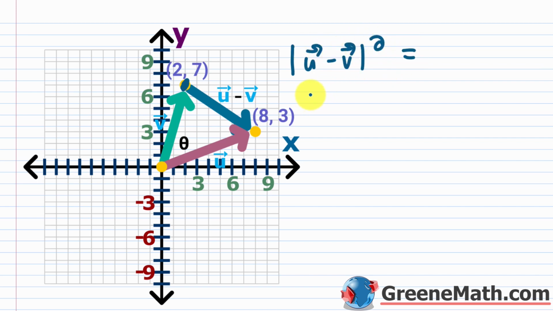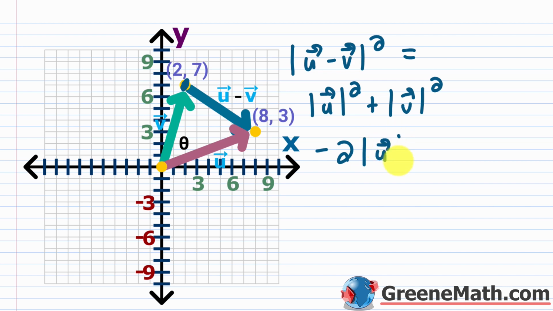This would be equal to the magnitude of the vector u squared, plus the magnitude of this vector v squared, and then you would have minus 2 times the magnitude of the vector u times the magnitude of this vector v. And then lastly, you're going to have times the cosine of that angle. Again, that's what we're trying to find, that theta there. I know this is going on multiple lines here, but we'll clean this up in a moment.